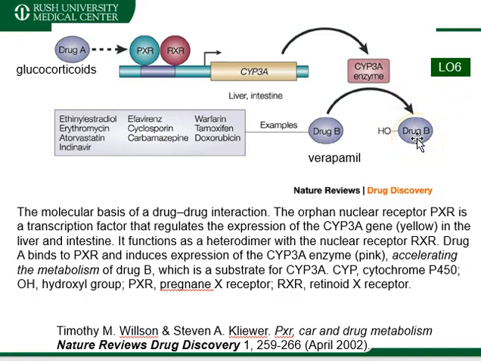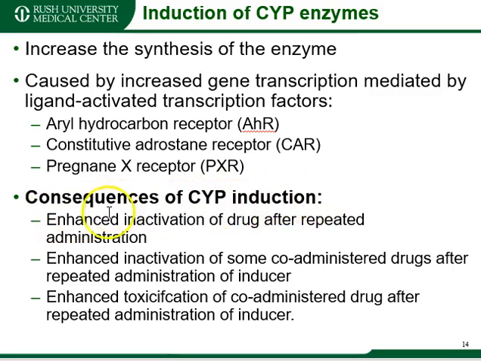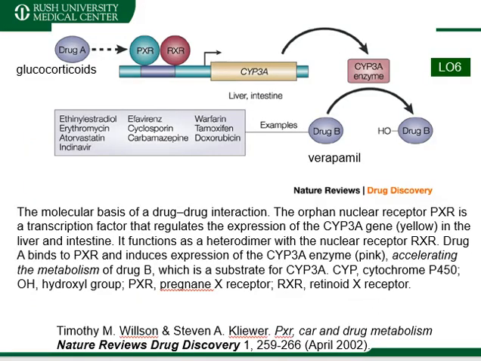So it's really hard to predict the physiologic outcome when drug A and drug B are co-administered, where one is an inducer, like the glucocorticoid, and one is a substrate, and the enzyme system is induced. The reason I've gone through all of these different scenarios is that all of these are possible, and this isn't even a complete list. These are just the three main examples.